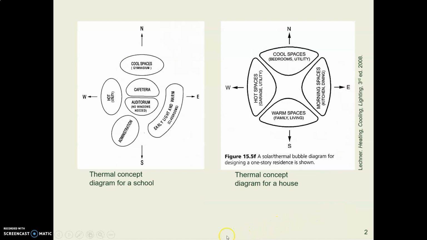So for example, if you're making a bubble diagram, here on the right is a bubble diagram for a house. You might want living room stuff on the south. That's where the room will be warm and well lit. On the east, you might want some place where you could have breakfast and some morning coffee or tea.